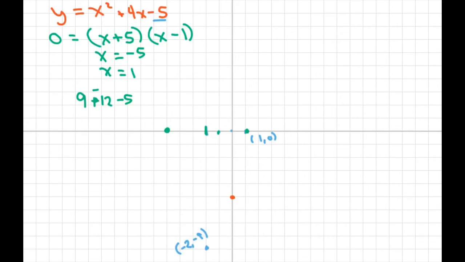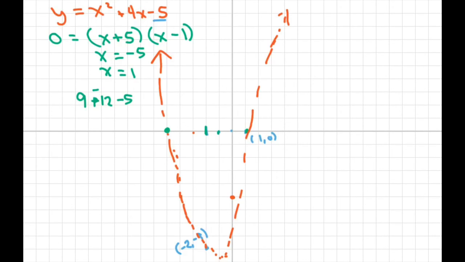So basically, I'm going to kind of sketch this graph. It's going to be down in here somewhere. Go up in here. I think I already did this wrong. Okay, well, anyway, so let's just kind of sketch that graph.